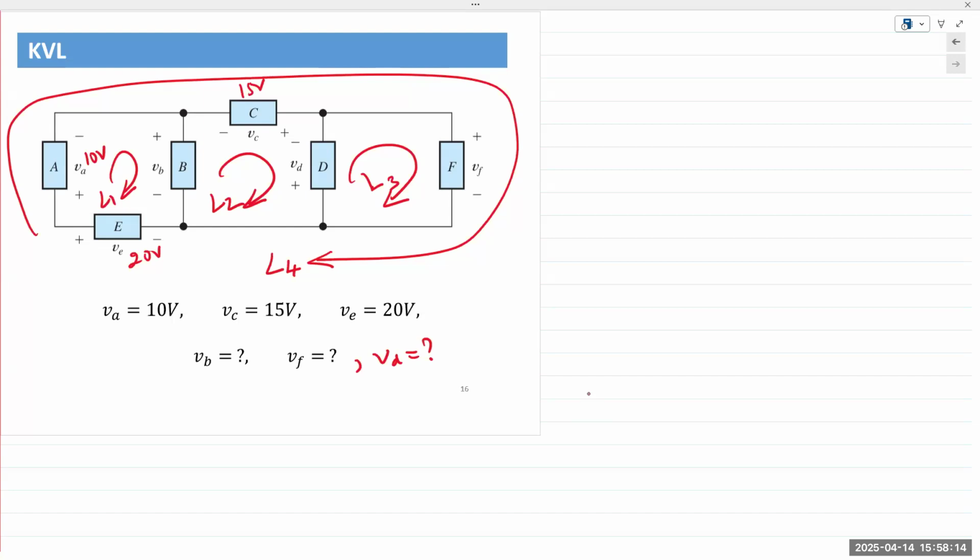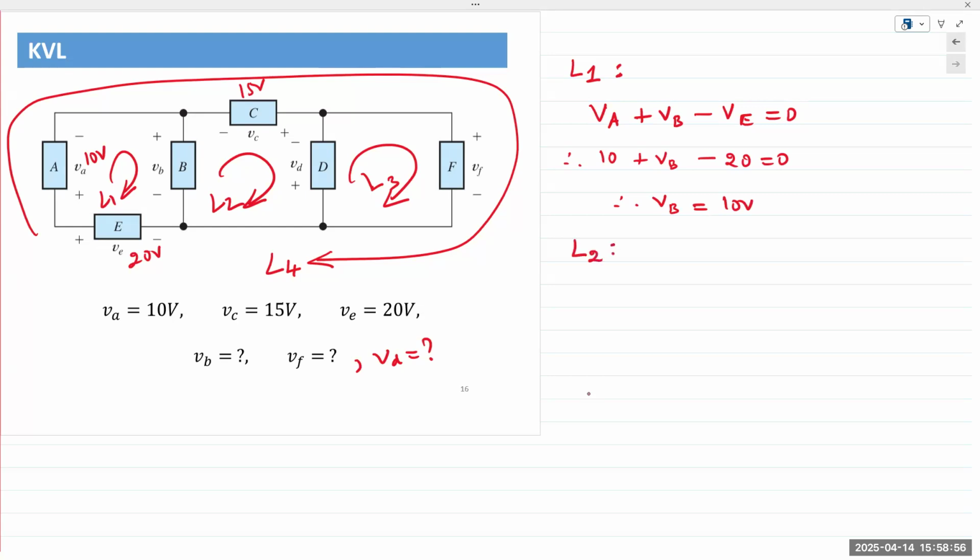So if I apply KVL to loop 1, I can write VA plus VB minus VE is equal to 0. VA is 10 volts, VB is undetermined, and VE is 20. Therefore, VB is equal to 10 volts: minus 10, take it to the other side, plus 10.